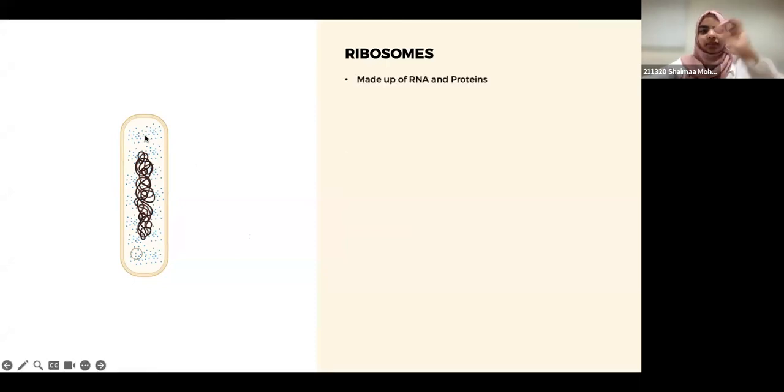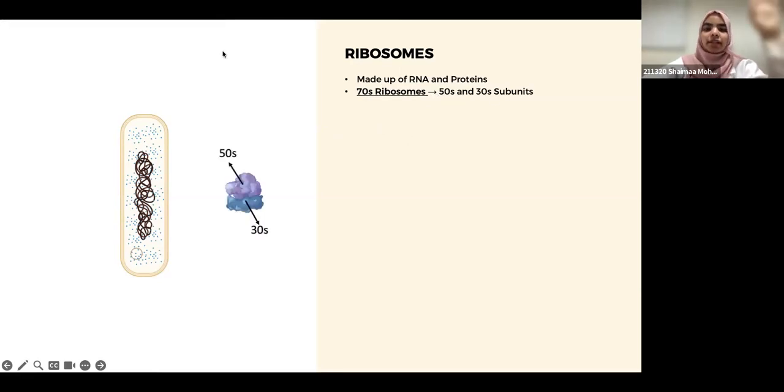Ribosomes are just these small dots that are made up of ribosomal RNA and proteins. In a prokaryote, and this is important to remember, the ribosomes are 70S. So in bacteria, the ribosomes are 70S, made up of two subunits, which are 50S and 30S subunits.